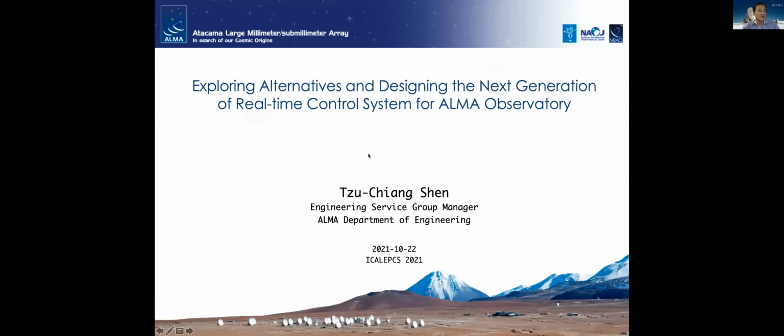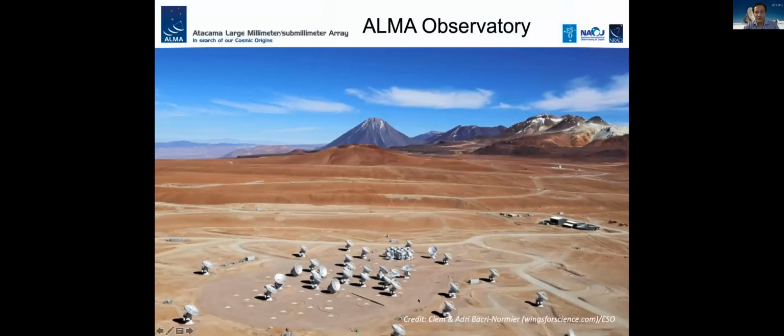Today I'm going to talk about the different alternatives that we have evaluated in order to solve the obsolescence problem that we have in ALMA. For those who are not familiar with ALMA, ALMA is a radio astronomy observatory installed in the north of Chile, in the Atacama Desert.